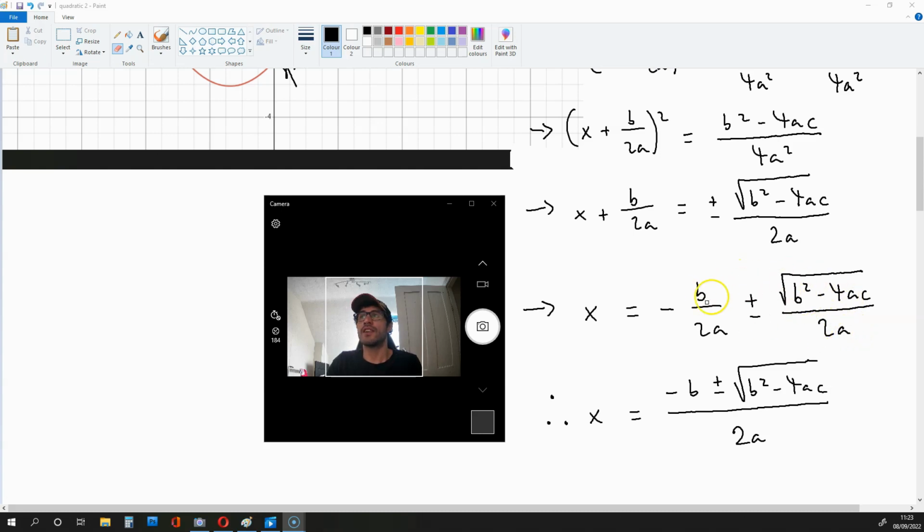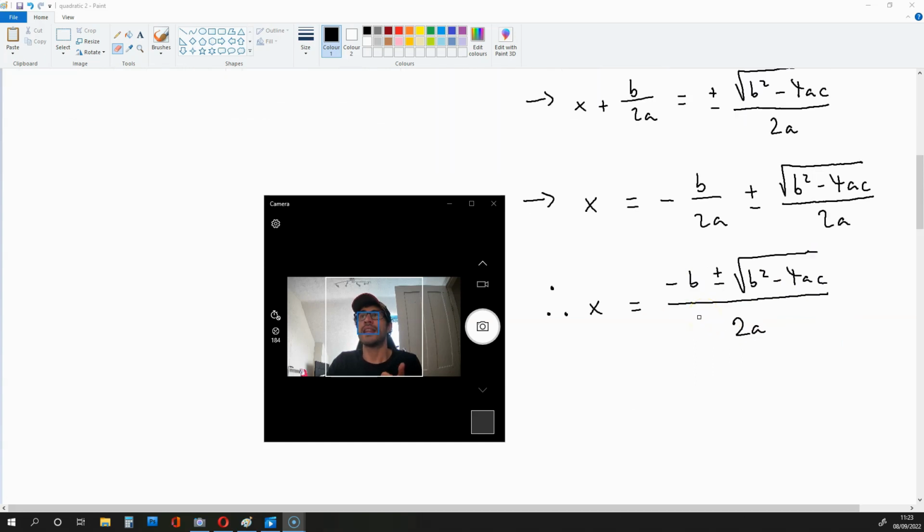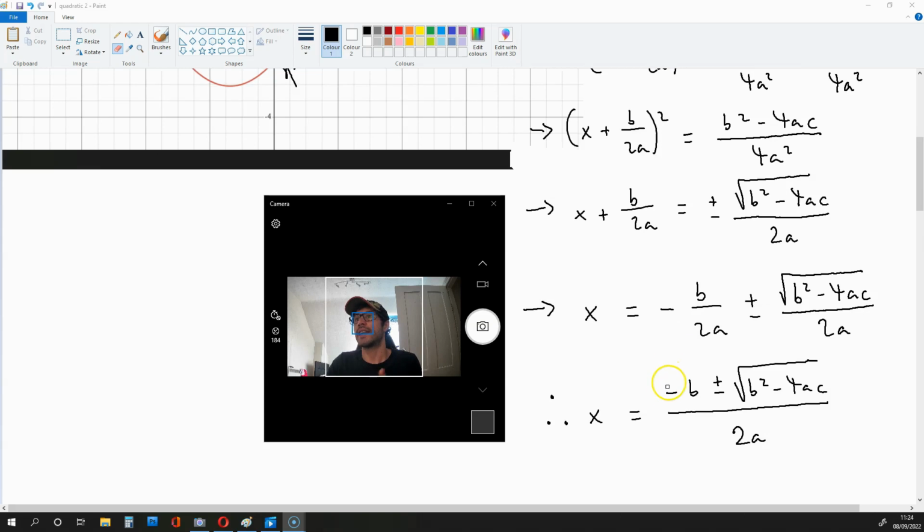Now these fractions have the same denominator, so what we end up with is two values for x. When we isolate it, we get x equal to minus b plus or minus the square root of b squared minus 4ac, all over 2a.